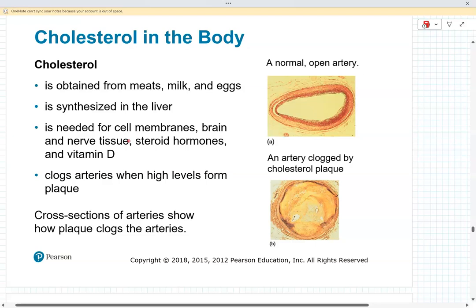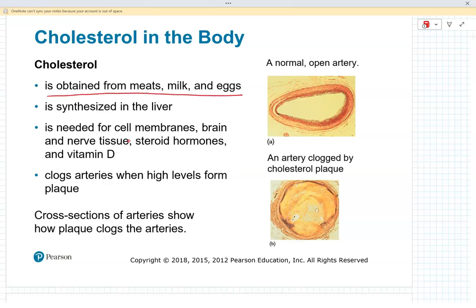So let's do some myth busting, shall we? The first statement: cholesterol is obtained from meats, milk, and eggs. I would replace "is" with "can be". It can be obtained because it is in eggs, in milk, in meats, in virtually any animal product.